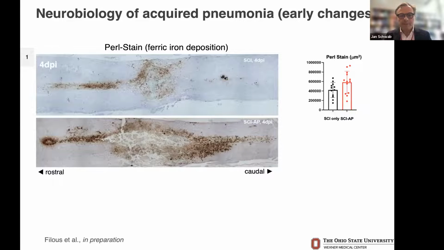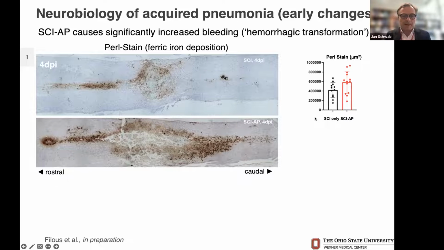This is a Perls stain. Here we see not only a larger lesion, we see also ferric iron being deposited as well. This is just a quantification of that. So in medical terms, what we see here with these more extensive blood products being present is a so-called hemorrhagic transformation.